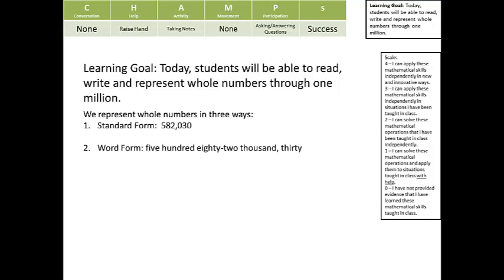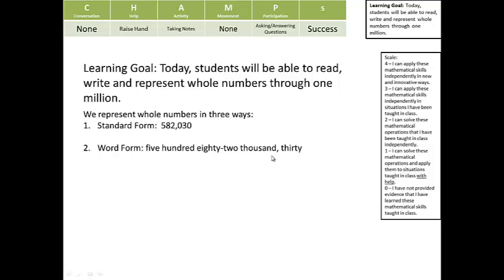The second way to represent numbers is to use word form. Sometimes we say written form. And again, just like we say it, we're going to write out the words. So it's 582,030. Notice the comma after 582,000.